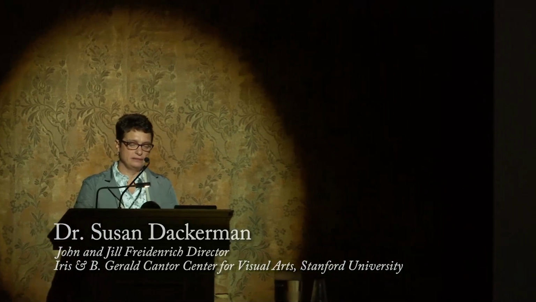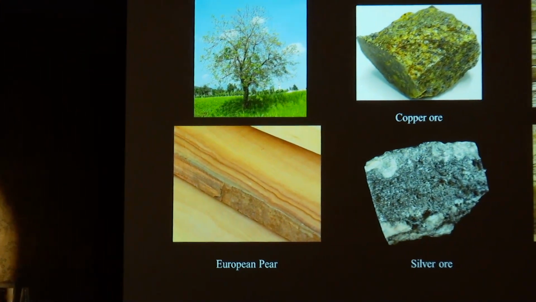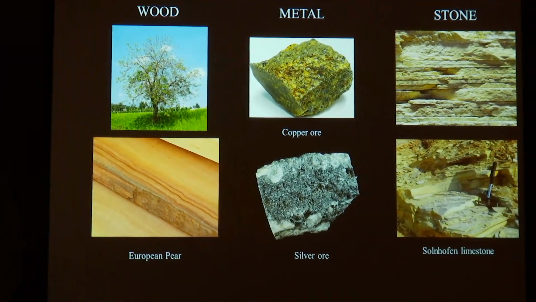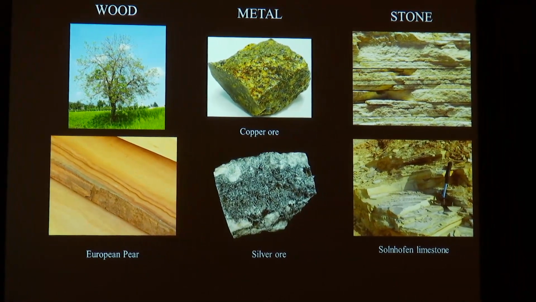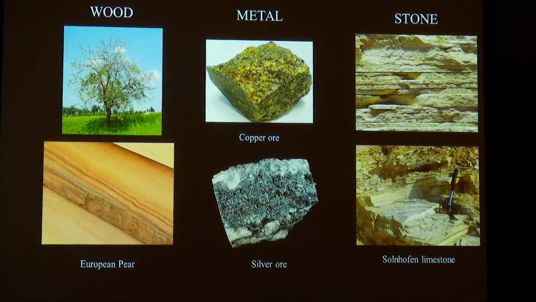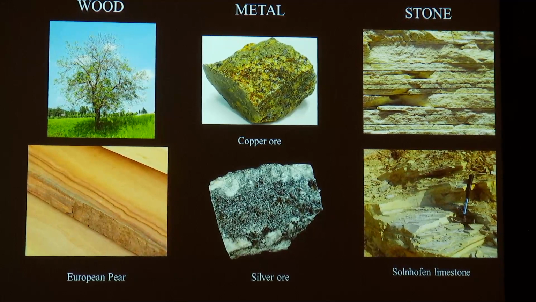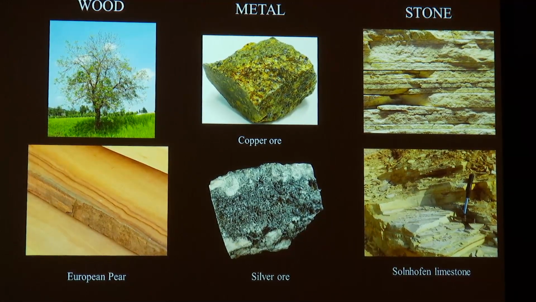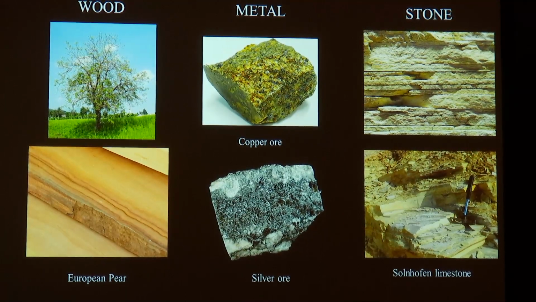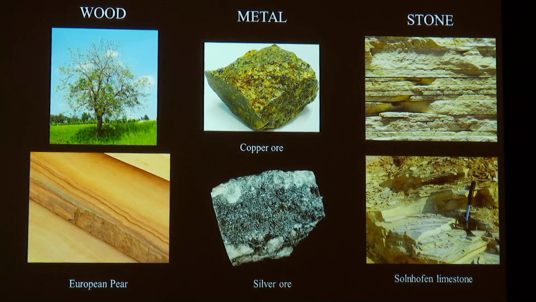Wood, metal, stone. Because of the ubiquity of these naturally occurring resources, we often neglect to consider them with any specificity. The precise genus of tree, mineral, or rock, its place of origin, and the methods of its processing and manufacture all speak to why artists and their patrons selected particular materials for specific projects during the early modern period.